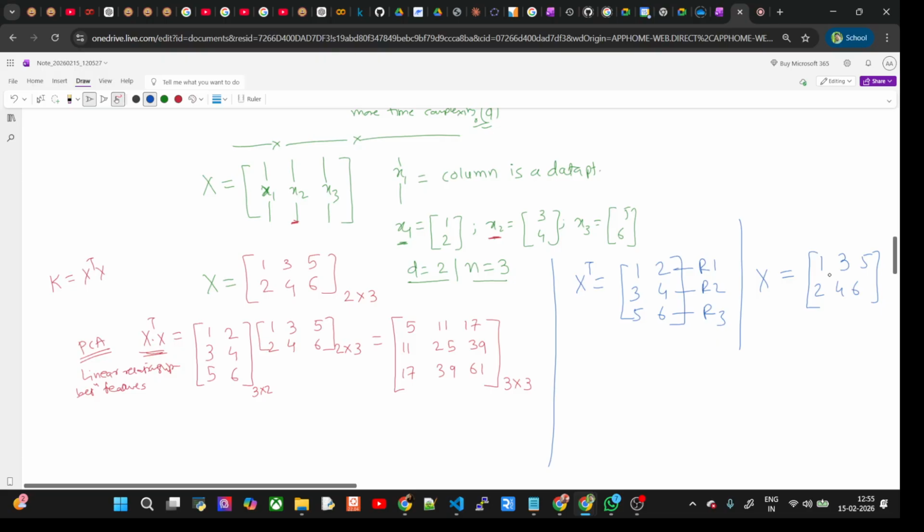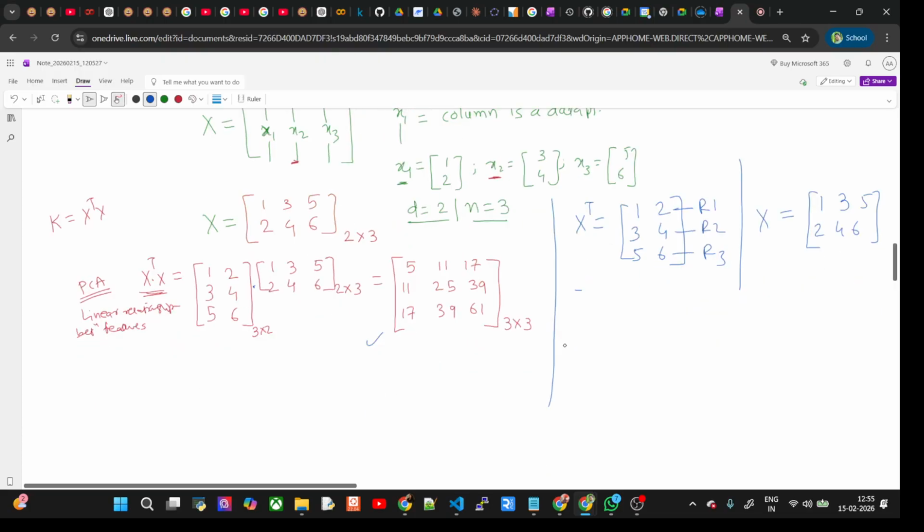So what I want to do here, instead of calculating this matrix directly by the multiplication of X transpose and X, I will try to do it by pairwise multiplication. I just want to do element wise multiplication, because this is a point you will need to use in PCA, kernel PCA.